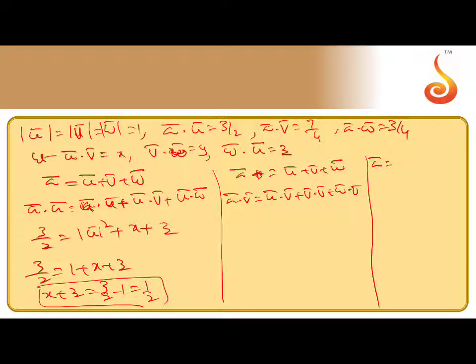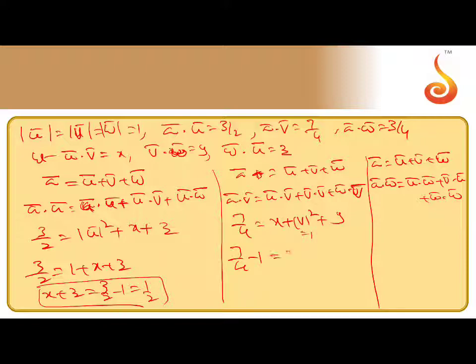Now a dot v is 7 by 4, equal to u dot v, which I took as x, plus v dot v, magnitude of v squared, plus w dot v, which is y. So 7 by 4 minus 1, because magnitude of v is 1, equals x plus y. So x plus y equals 3 by 4.